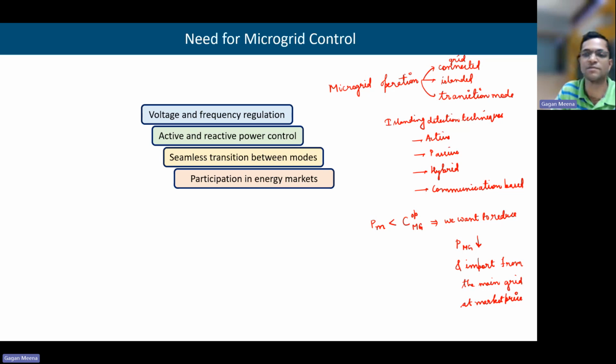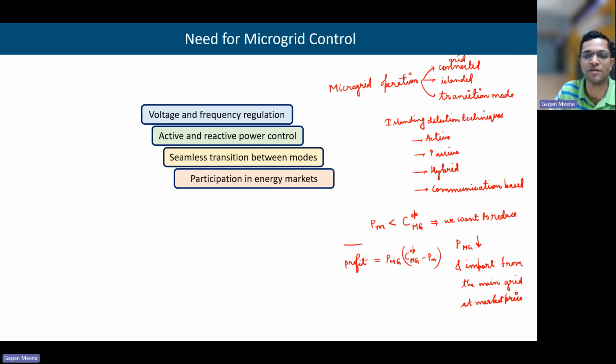At market price. And so we will make a profit of around operational microgrid minus into this PM. So this will be the profit of the microgrid.